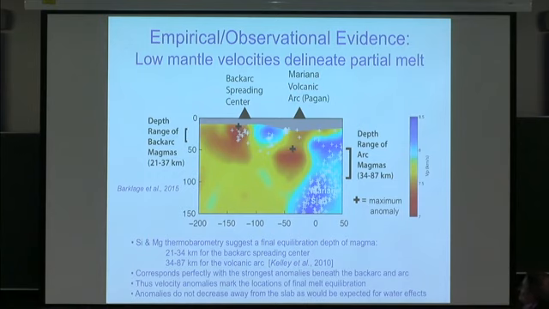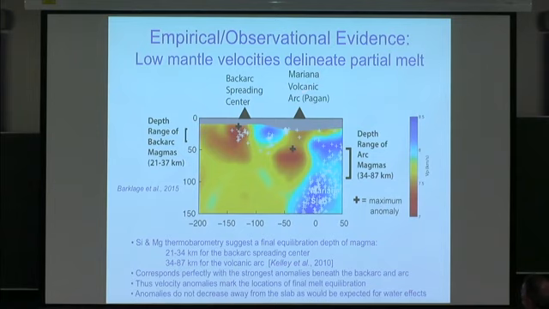And one of the interesting things here is we can compare these anomalies with estimates from thermobarometry, from petrology, as to how deep and at what temperature these magmas are coming from. And so Katie Kelley's paper in 2010 suggests that the arc magmas' last equilibration depths are between 34 and 87 kilometers deep.